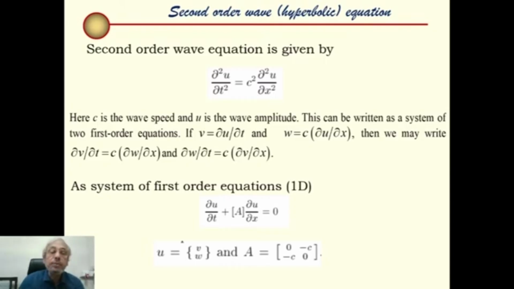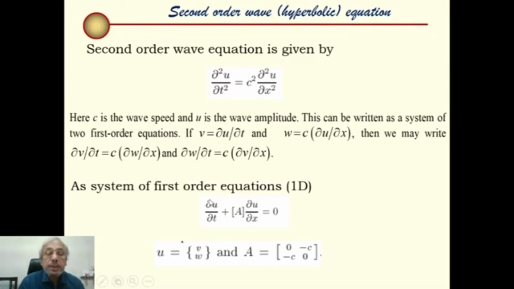If we substitute v equal to del u del t, and bring in a function w equal to c del u by del x, then it is possible to write del v del t equal to c del w del x, or del w del t equal to c del v del x. It is the same. Now if we can write that, then from there we can form a first order equation.